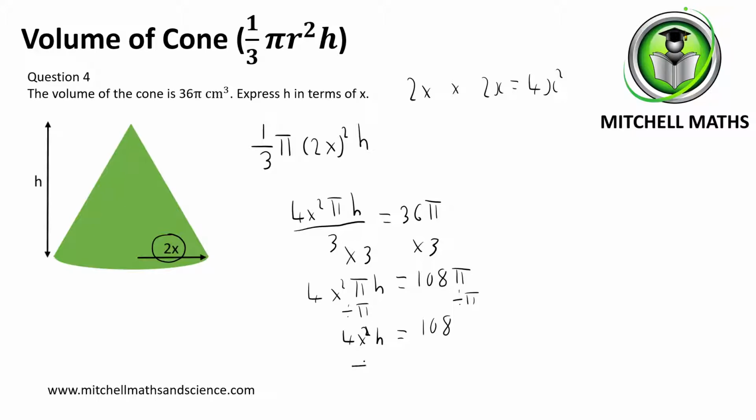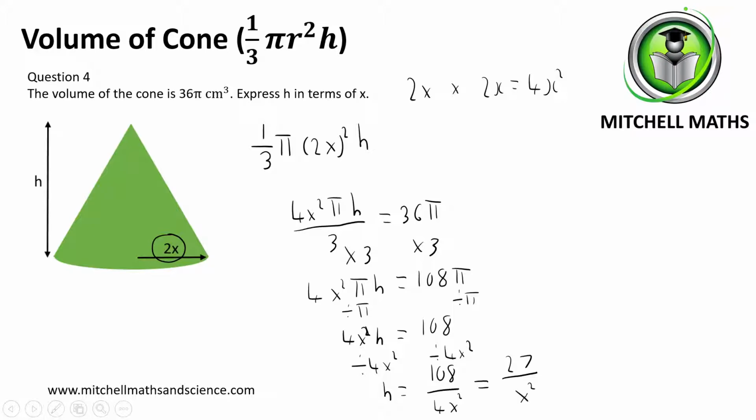So I'll divide by 4x squared to make h the subject, because then I'm expressing h in terms of x. So I've got h equals 108 over 4x squared, and that actually simplifies to 27 over x squared, and that's my answer. So that's expressing h in terms of x.